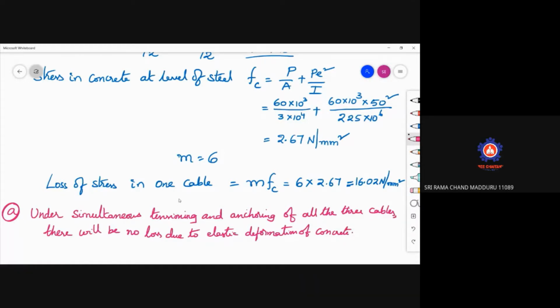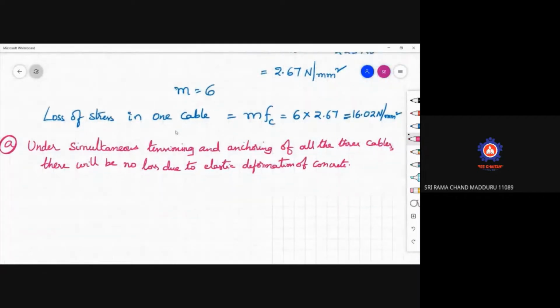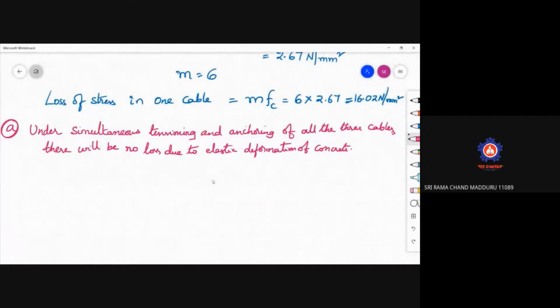Second condition, when the cables are successively tensioned.